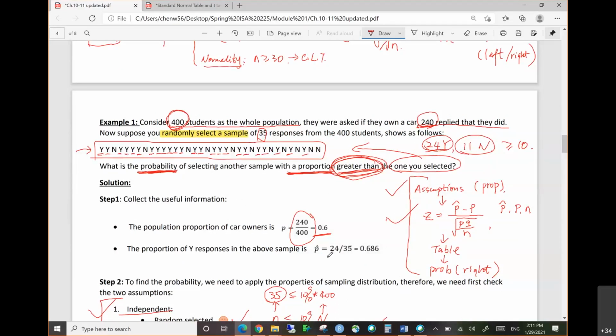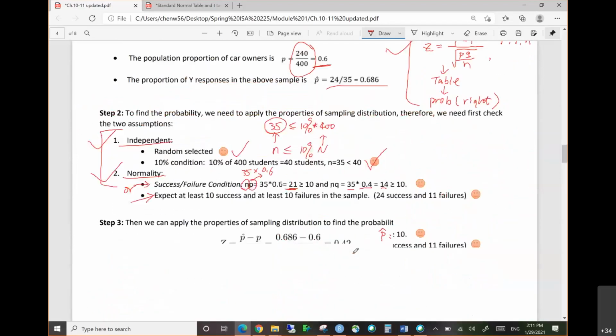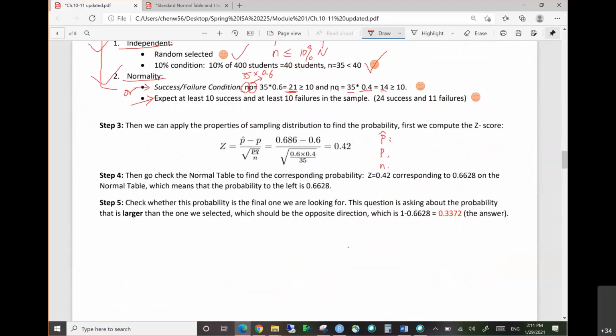If you calculate this, p hat is 0.686. Let's say it is 24 out of 35. What is P? We just talked about that, right? It is the population proportion of owning a car, which is 240 divided by 400, which is 0.6, right?